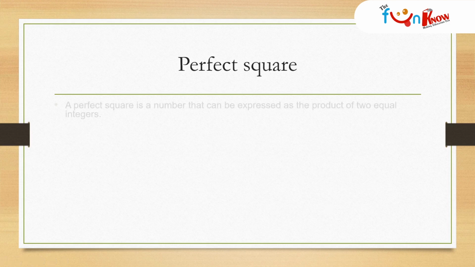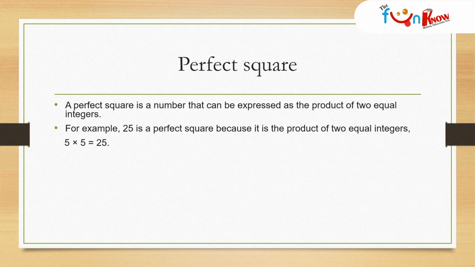So students, let us understand the definition. A perfect square is a number that can be expressed as the product of two equal integers. If I multiply two equal integers, that gives me a perfect square: 3 into 3, 2 into 2, 4 into 4, 5 into 5, but the two numbers must be the same, students.